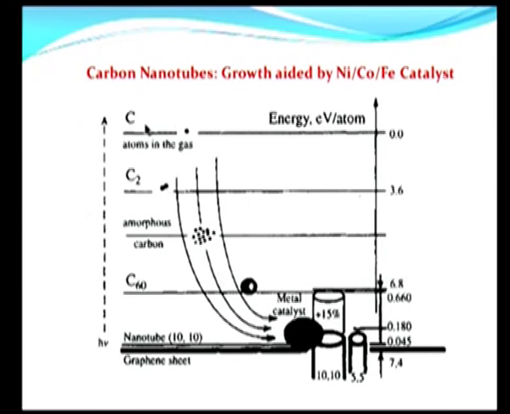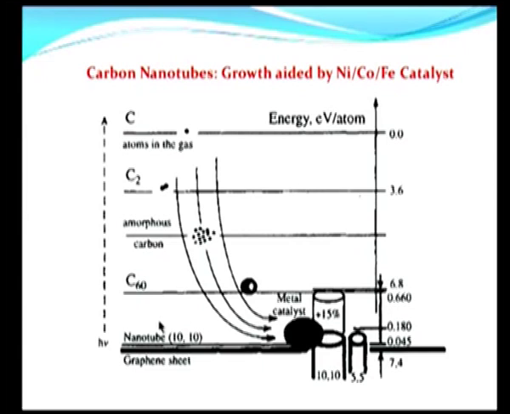For example, carbon atoms in the gas, carbon molecules in the gas, amorphous carbon, buckyballs, all these things can go into the metal particle at an elevated temperature and then come out of this as carbon nanotubes under appropriate conditions. So, this is really sort of a devouring of carbon, different kinds of carbon, to yield carbon nanotubes.